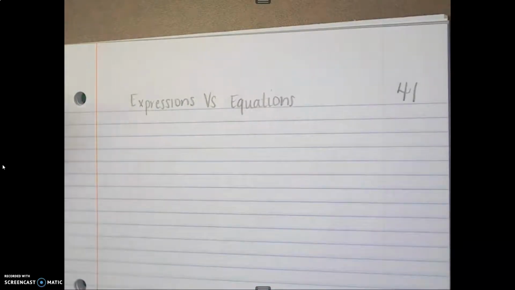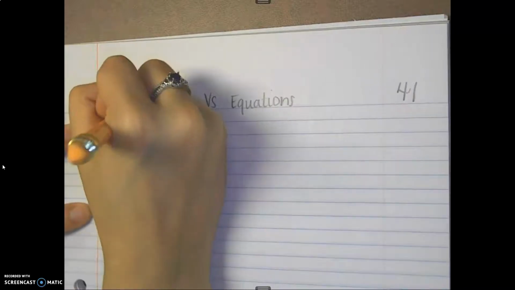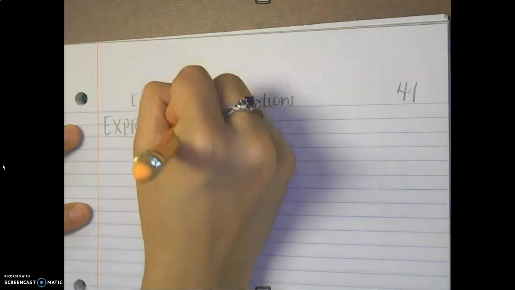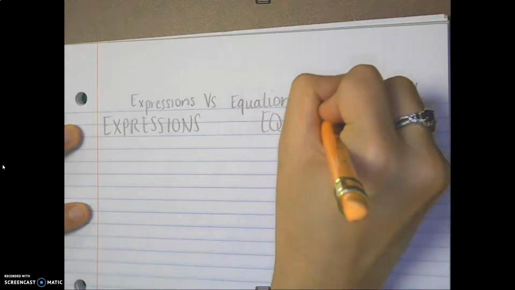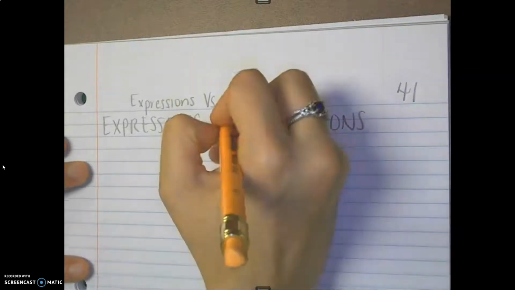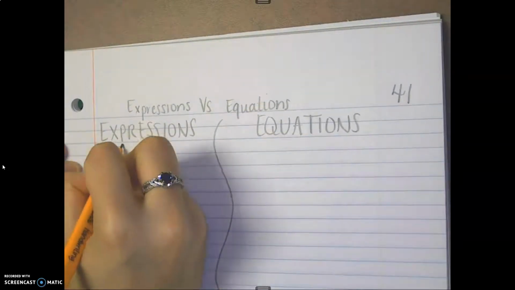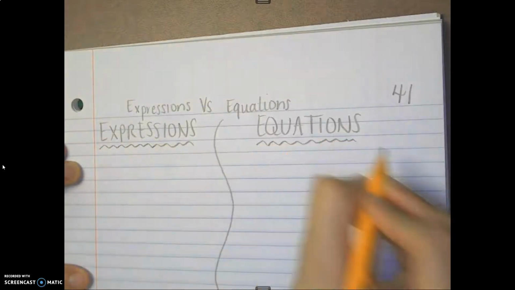Alright, so since we're looking at the two, on the left side, I am going to write about expressions, and on the right side, I am going to have equations. And I'm going to draw a line about halfway. And I'm going to underline my two topics, my two titles.